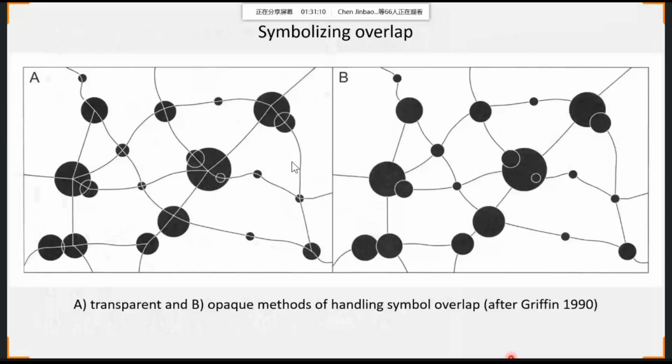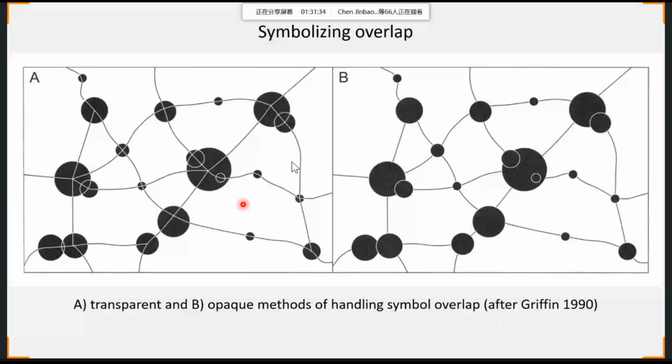Now, the other thing I just mentioned is how to deal with the overlap situation. So it's possible to use a transparent solution where you can see the circle. That's a rule. In fact, the larger one should always be more in the background.